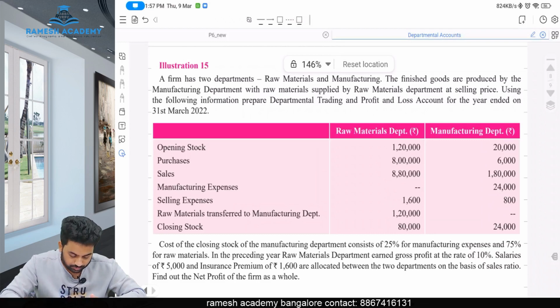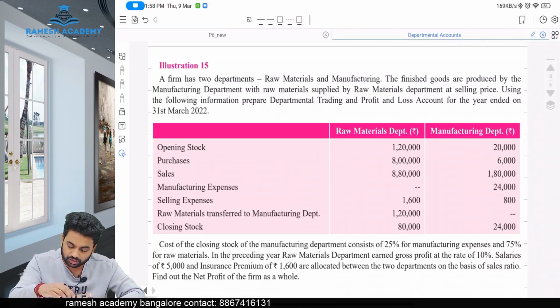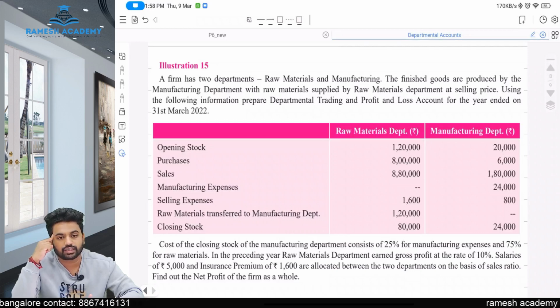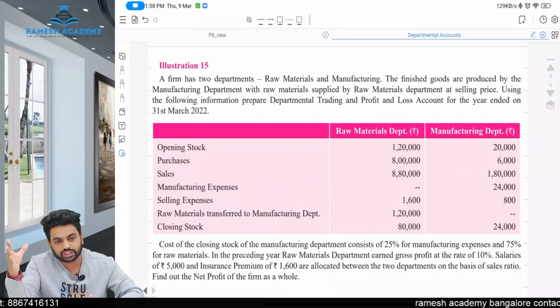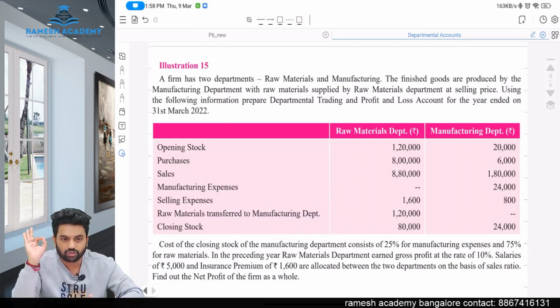A firm has two departments, raw material and manufacturing. The finished goods are produced by the manufacturing department with the raw material supplied by the raw material department at a selling price. So the raw material department is sending the goods to the manufacturing department at the selling price. Okay, done.